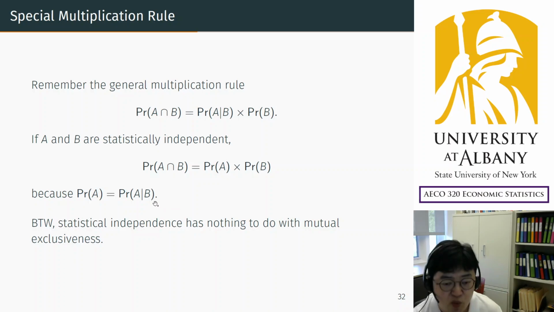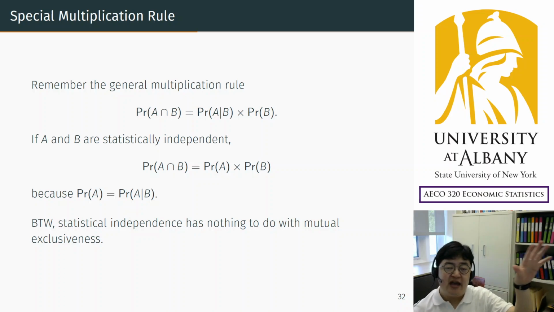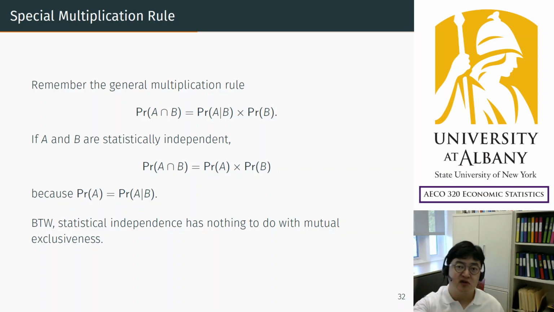By the way, one typical confusion: I said there are the general addition rule, the special addition rule, the general multiplication rule, and the special multiplication rule. When we learned the special addition rule, the required assumption was mutual exclusiveness.